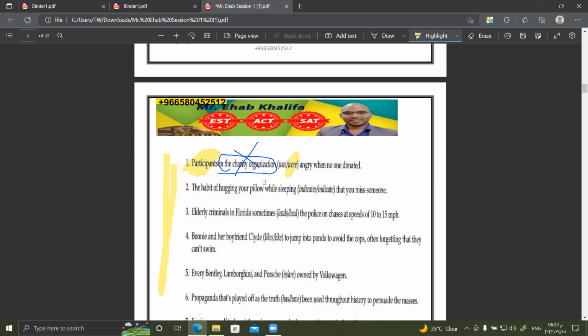Well, here we go. Very easy. Habit indicates. Habit is singular, right? Habit is singular. Okay, number 3, guys, send the answer. Wow, guys, you're doing a wonderful job.